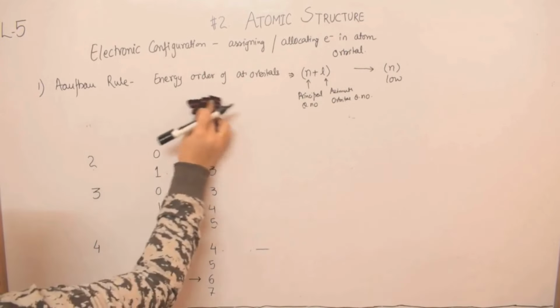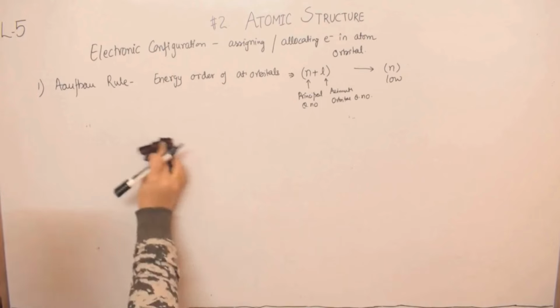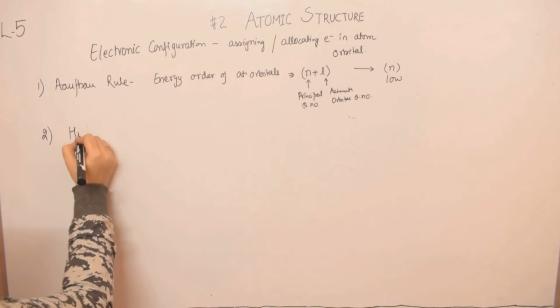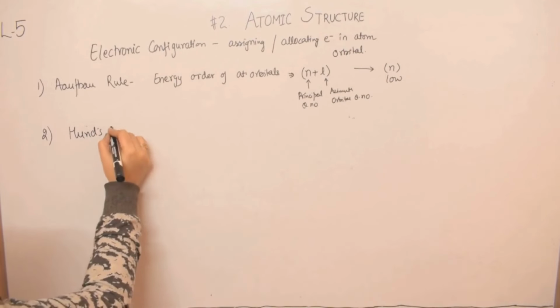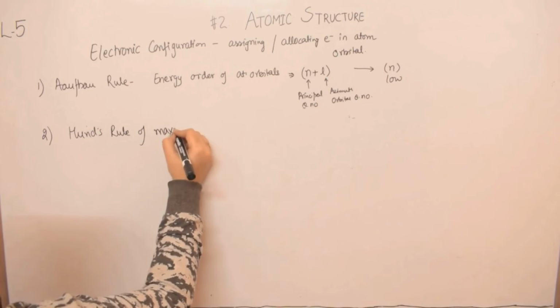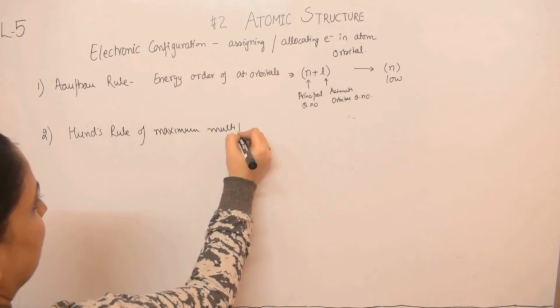The next rule was given by Hund, and it is also called Hund's rule of maximum multiplicity.